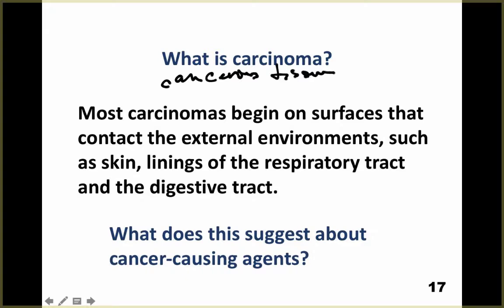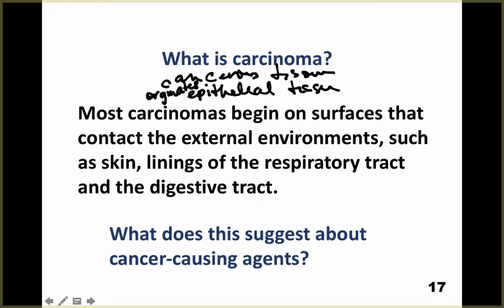It originates essentially in the epithelial tissue. Most carcinomas begin on the surface that's in contact with the external environment, right? Think of the skin on the outside that protects us from everything outside. It's inundated all the time with UV, which is one of the reasons why you want to use skin protectant, right?